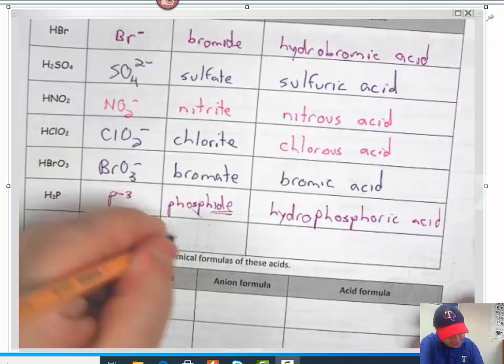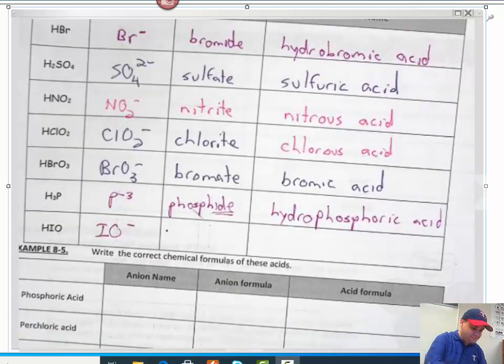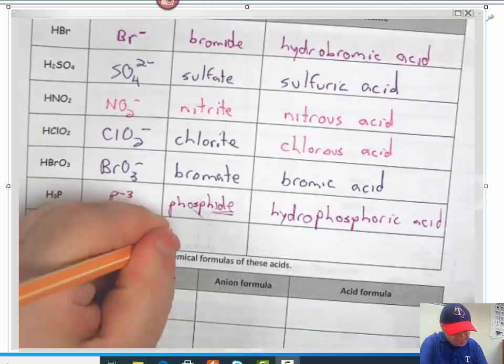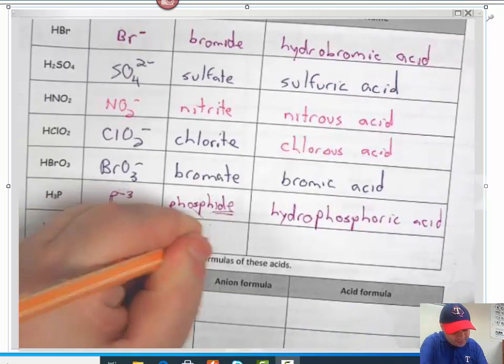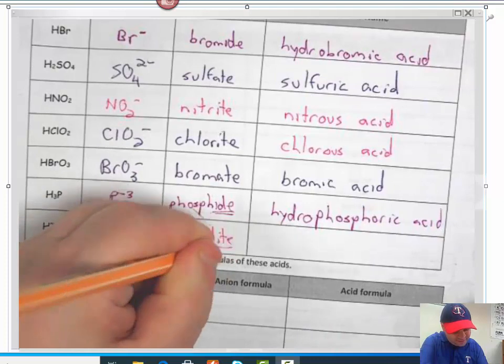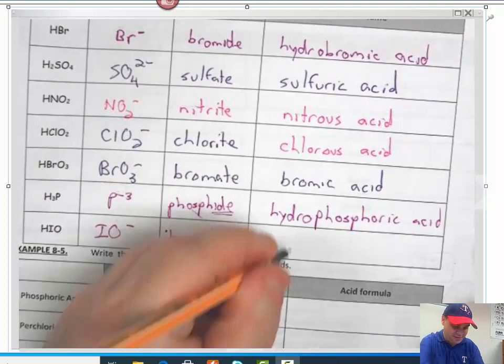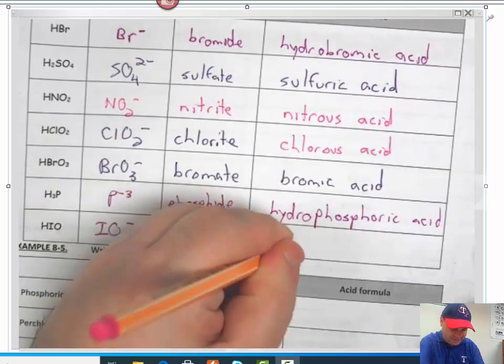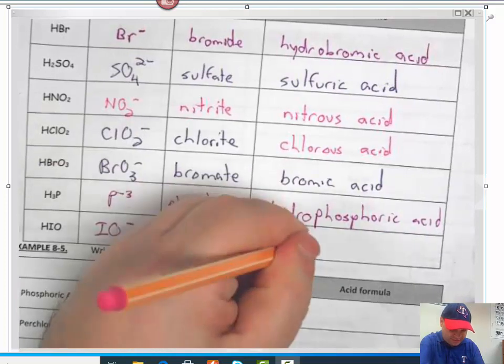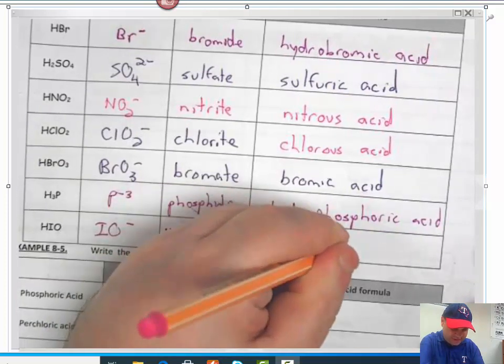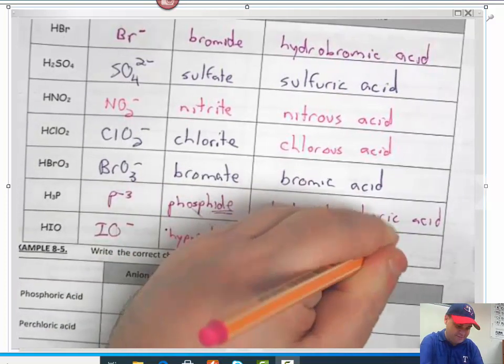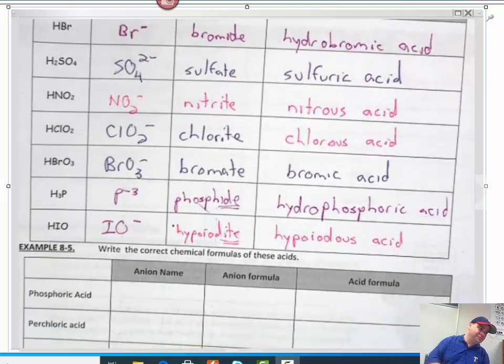IO minus. That would be, wrong color again, hypoiodite, I-T-E. Ite goes to ous, so this will be hypoiodous acid.